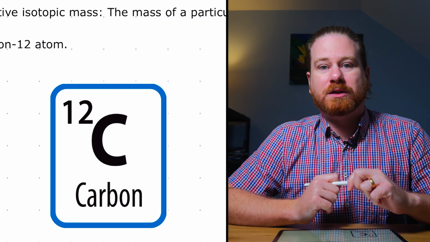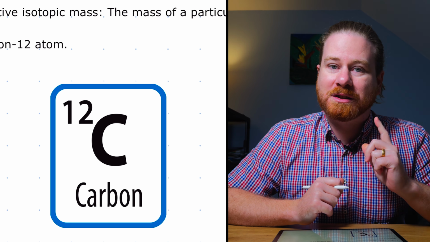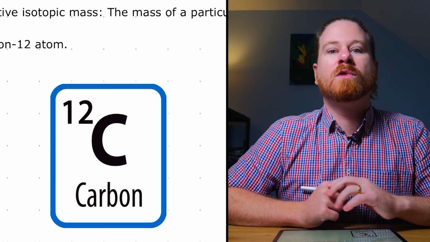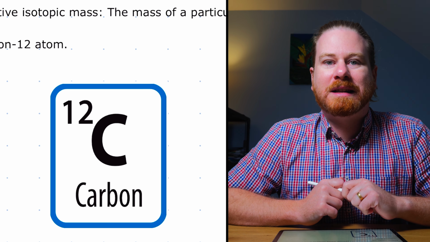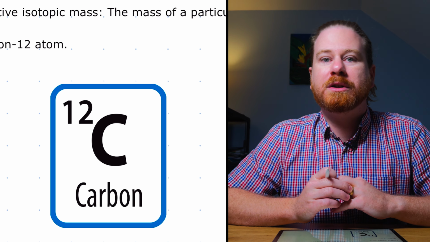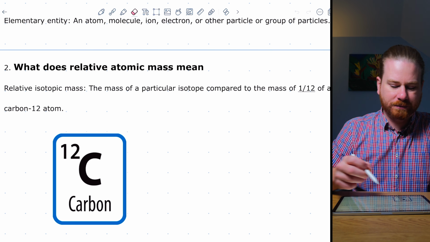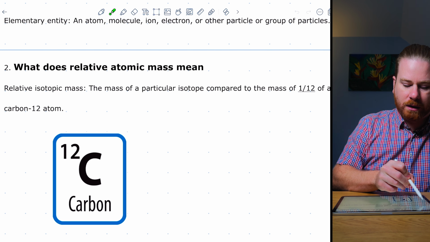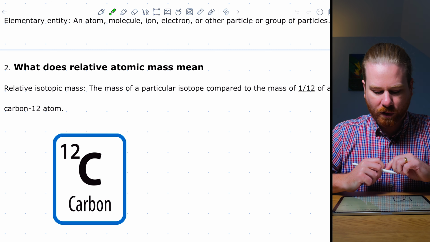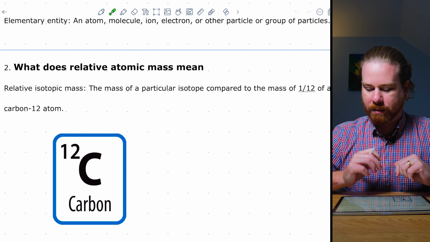So it was discovered that 12 hydrogens with their mass of 1 has the same mass as 1 carbon. Or another way of putting it is that a hydrogen has the mass of 1/12 of a carbon-12, which is our definition here. So relative isotopic mass is the mass of a particular isotope compared to the mass of 1/12 of a carbon-12 atom.